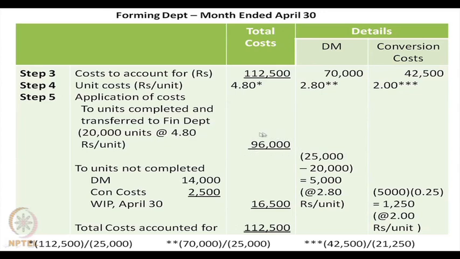So, this is quite straightforward, but the units that remained. How many remained? 25,000 minus 20,000 is 5,000, and at the rate of 2.80 the direct material has been consumed. So, 5,000 multiplied by 2.80 gives 14,000 as the units not completed consuming direct material.